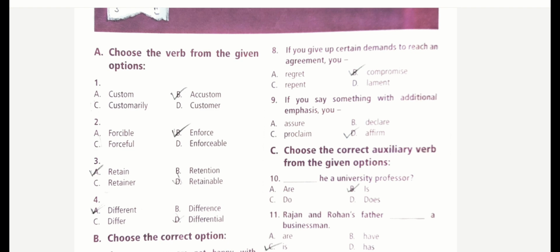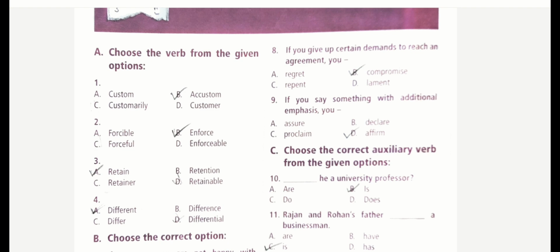Third question, see the options. First is retain. Retain means to keep or hold on to something. Okay, so this is the one which is a verb. And what is the meaning of the other words? Next is retainer. It means something used to keep things in place, like a holder, or a fee paid to keep a service available.